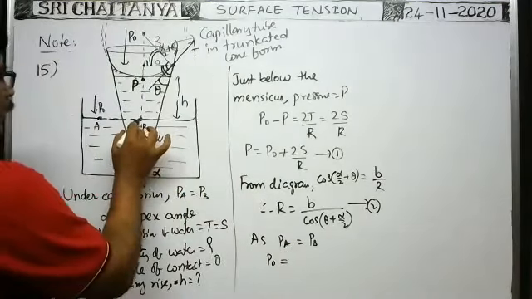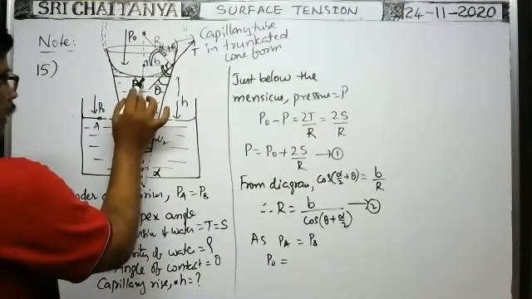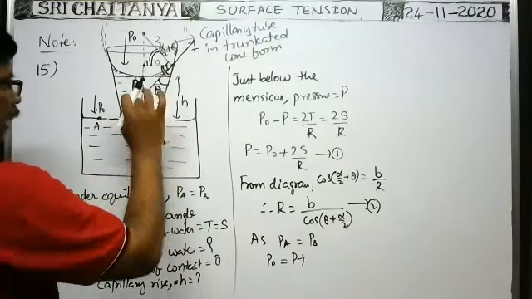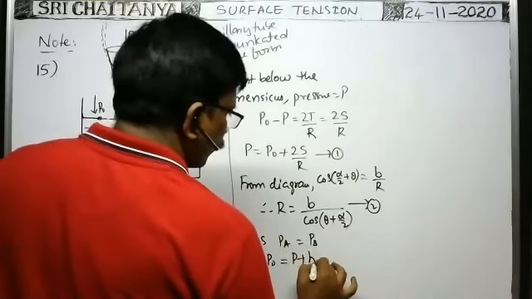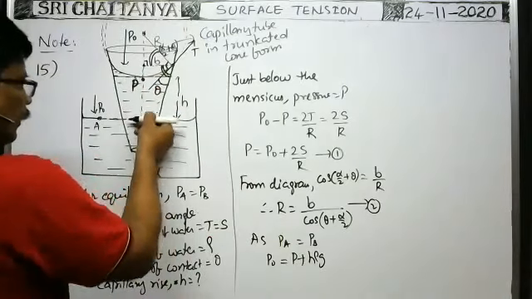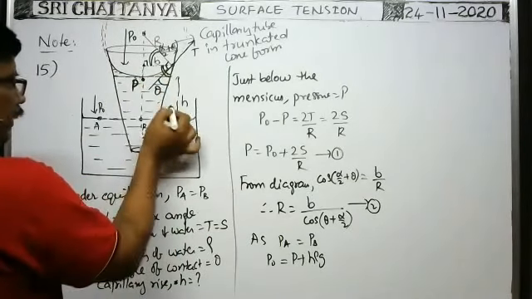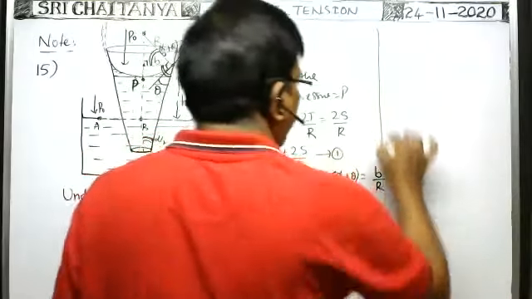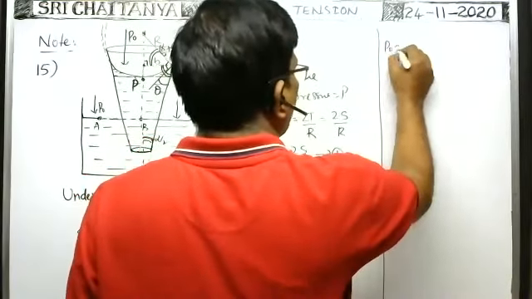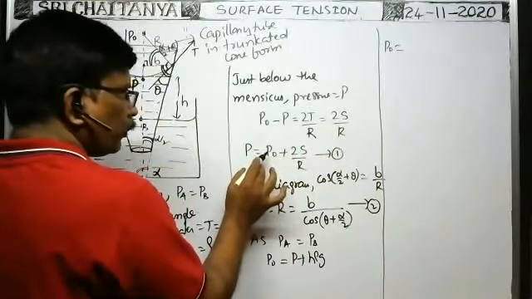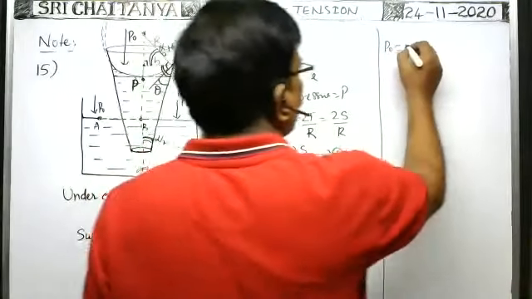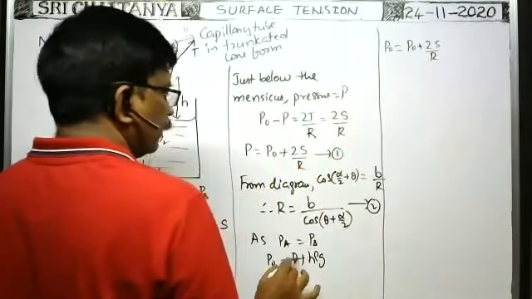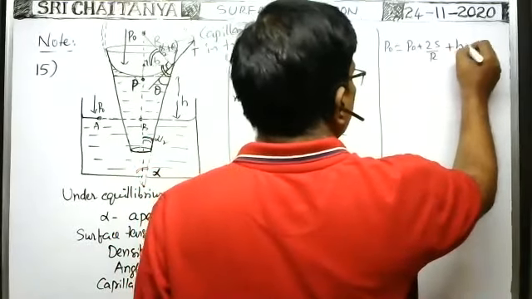Pressure at B, just below the meniscus, is P plus H rho Z, because the liquid level is up to a height H. Now we substitute the values here. P is P naught plus 2S by capital R, plus H rho Z.